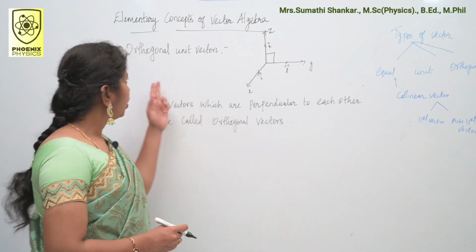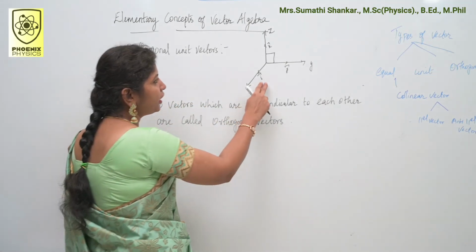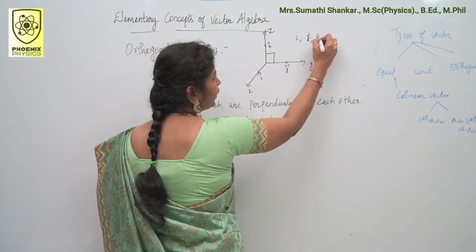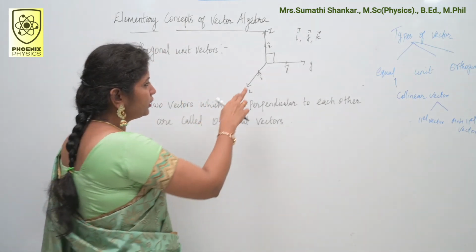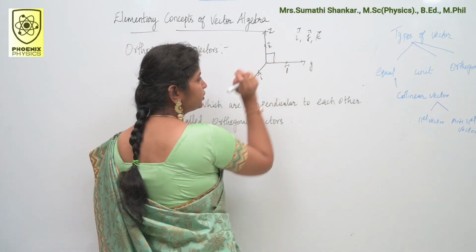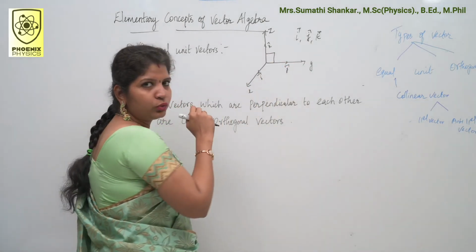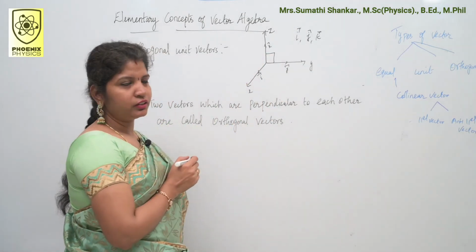Next one is orthogonal unit vector. Here I, J, K are the unit vectors. I, J, K are the unit vectors acting on the x-axis, y-axis and z-axis. And these three unit vectors are mutually perpendicular to each other.